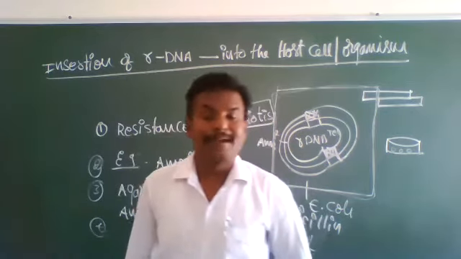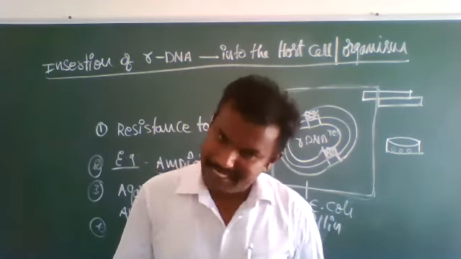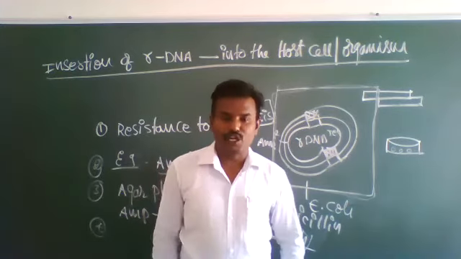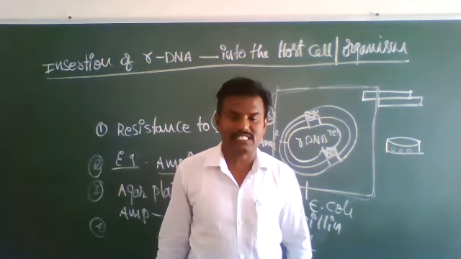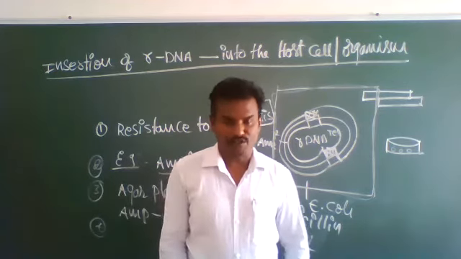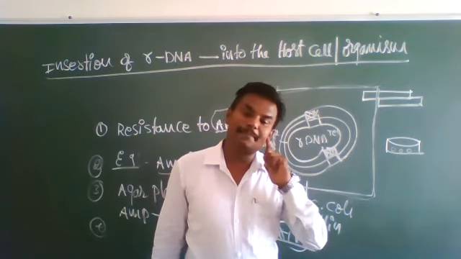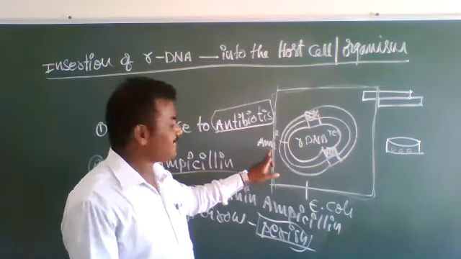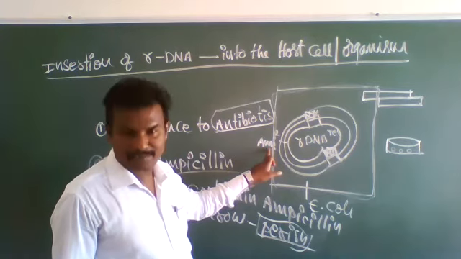I said that ampicillin and tetracycline both can act as selectable markers. In these two, one will select recombinants, while the other gene lost resistance due to the insertion of foreign gene or alien piece of DNA. So in such cases, the ampicillin resistance gene acts as a selectable marker.